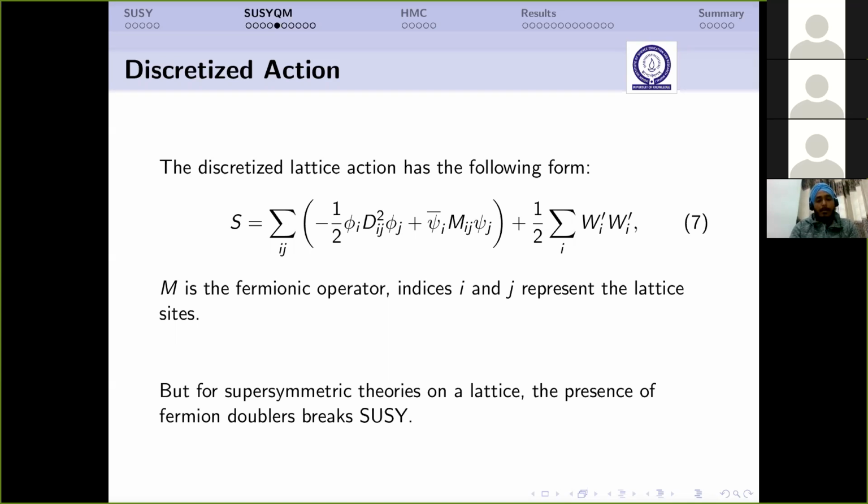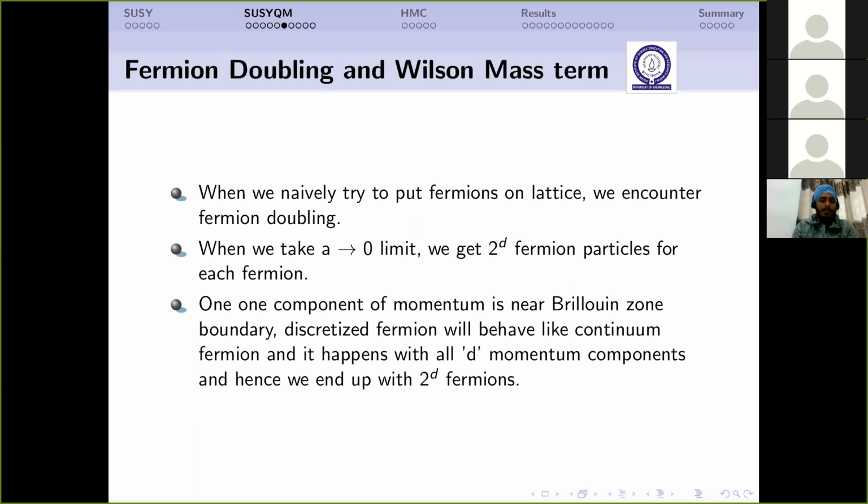But we know that whenever we put a supersymmetric theory on the lattice, the fermion doublers break supersymmetry. So how do we get rid of the fermion doubling, and why is it happening? Let's take a brief look. When we naively try to put fermions on the lattice, we encounter fermion doubling.